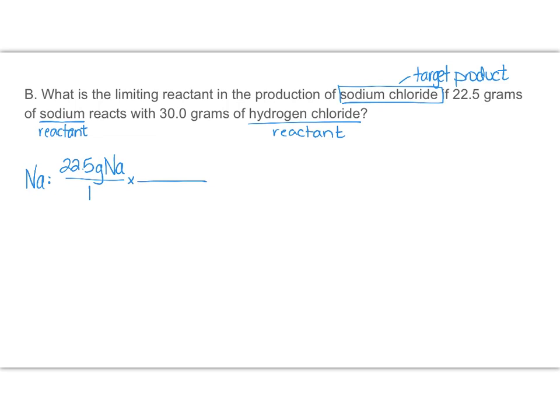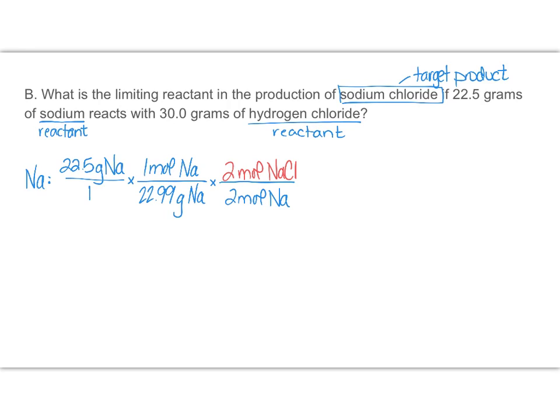So I'm going to go to my periodic table, and I know that there are 22.99 grams of sodium in every 1 mole of sodium. Once I'm in moles, now I can use my balanced equation. Looking on the previous screen, I know that for every 2 moles of sodium, I can make 2 moles of sodium chloride.